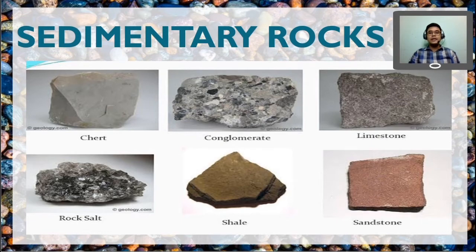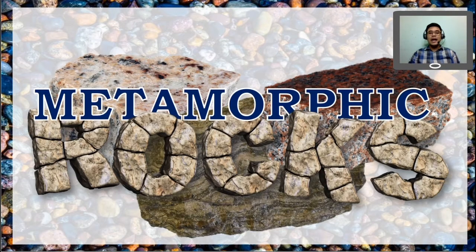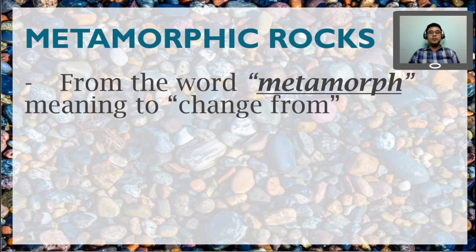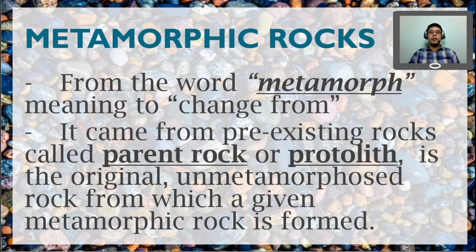And it is time for us to move with our last type of rock, which is the metamorphic rock. So metamorphic rock, from the word metamorph, which means change from, and it also came from pre-existing rocks, and those pre-existing rocks are called parent rock, or in other terminologies we use the word protolith.